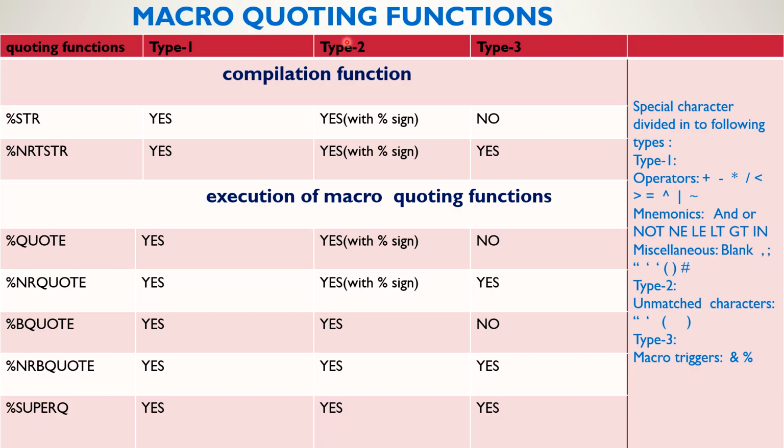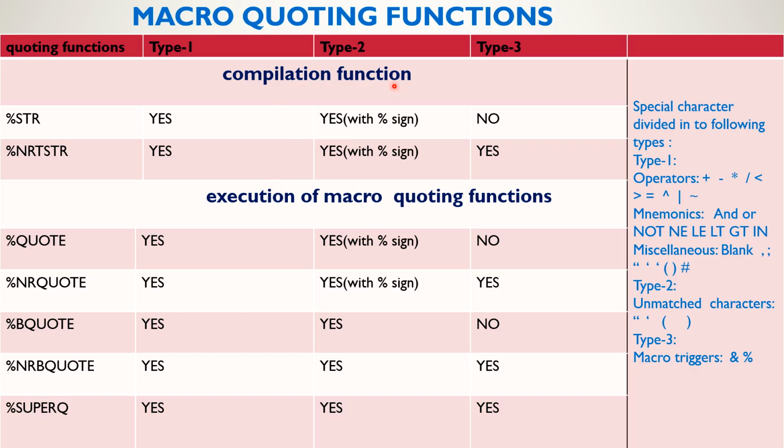Second one is macro quoting function. So in macro quoting functions, we can see two types. One is compilation function, and the second one is execution of macro quoting function. So first, what is the difference between compilation functions and execution of macro quoting function?